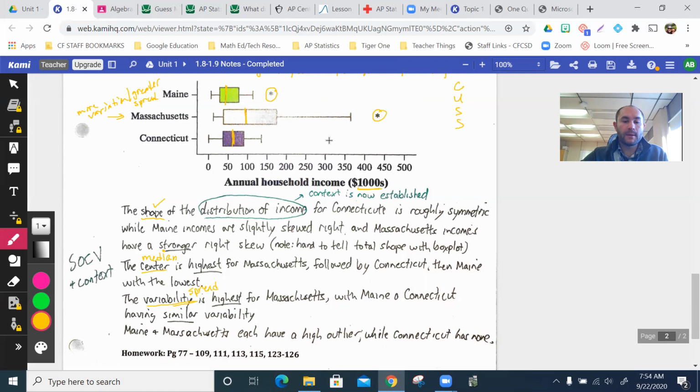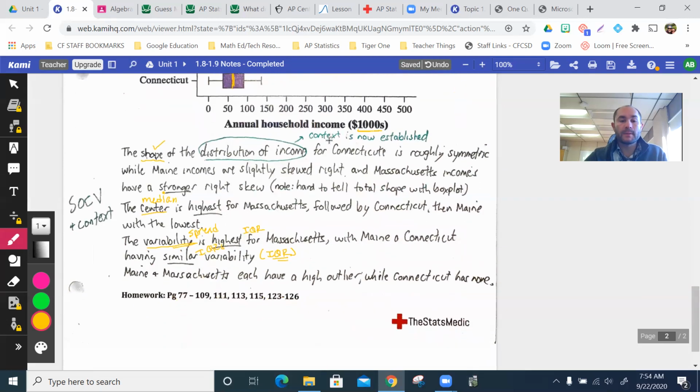I would add in specifically talk about the IQR, which is the length of the box of each of these. So Massachusetts has the highest IQR, with Maine and Connecticut having similar IQRs, the range of that box, the distance, the length of that box. I would talk more about the IQR. That would probably improve the response.